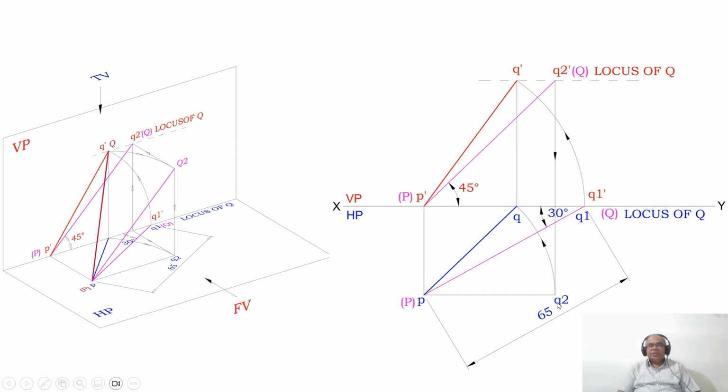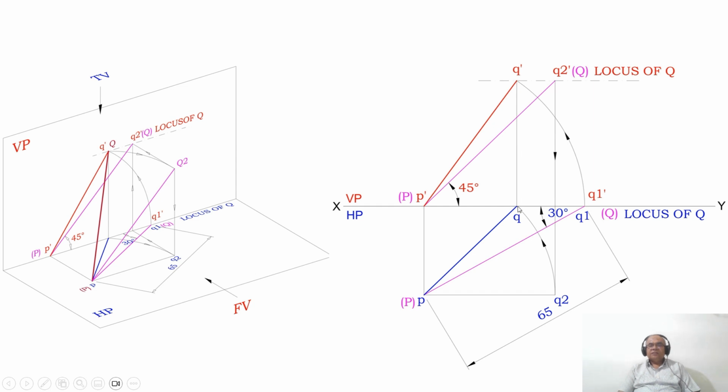But actually Q2 is not in front of VP by this distance, but Q is on VP according to the given problem. So with P as center, taking the radius of PQ2, you draw an arc such that it is going to cut the XY line in the top view, because the locus of Q is on the XY line in the top view, that is, Q is on VP.